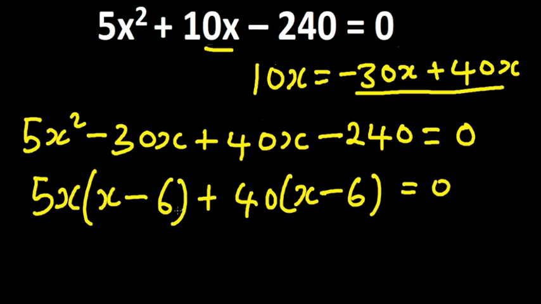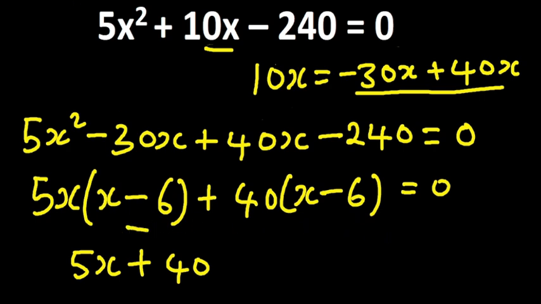So now let's bring out 5x and 40 in order to factorize it. We have 5x plus 40, and we have x minus 6, this one here and this one here.